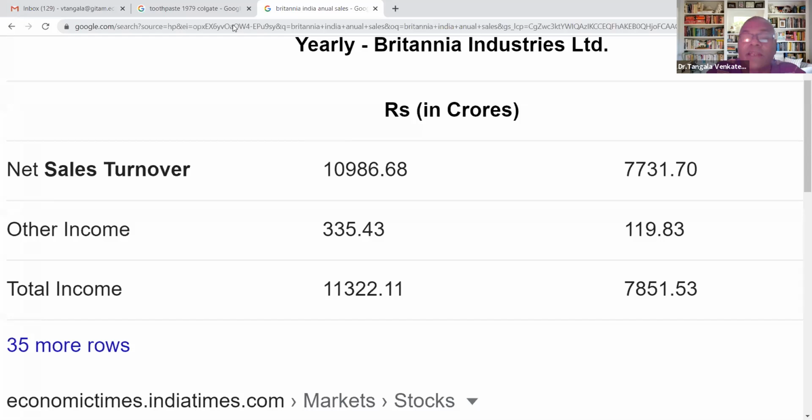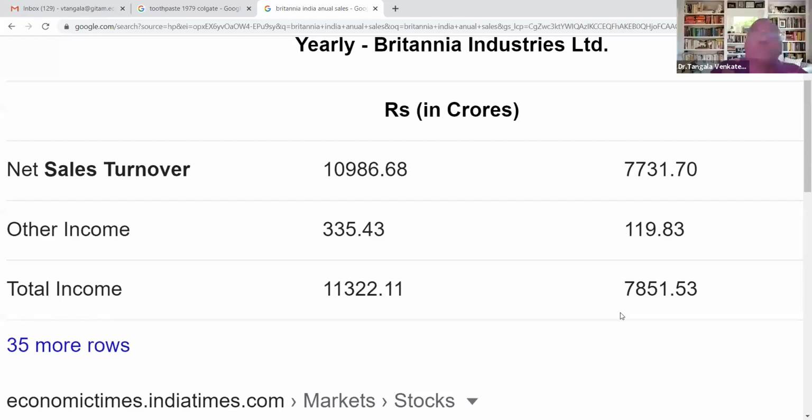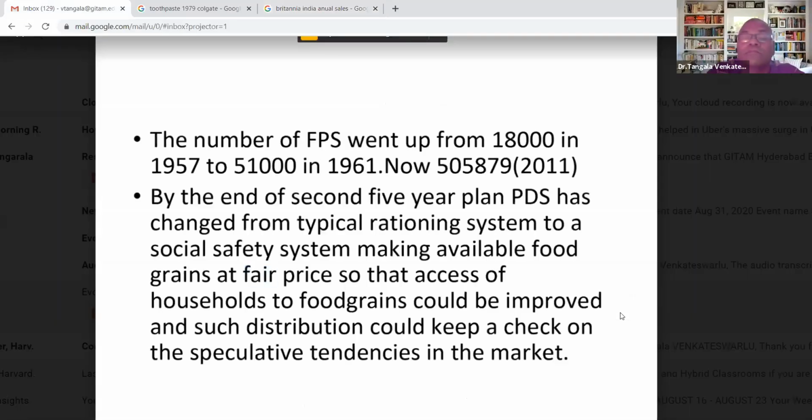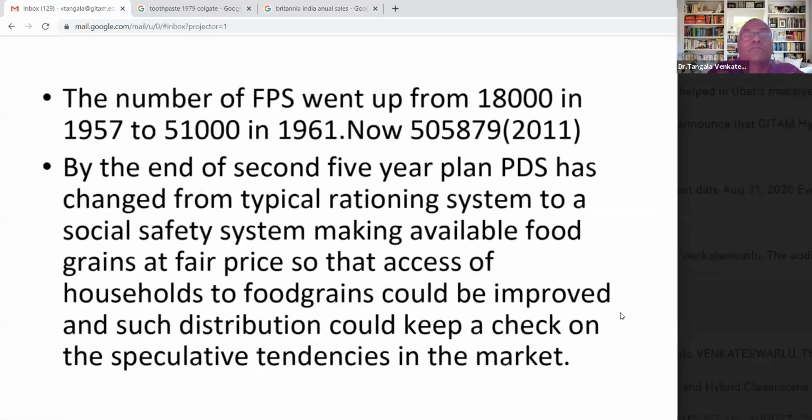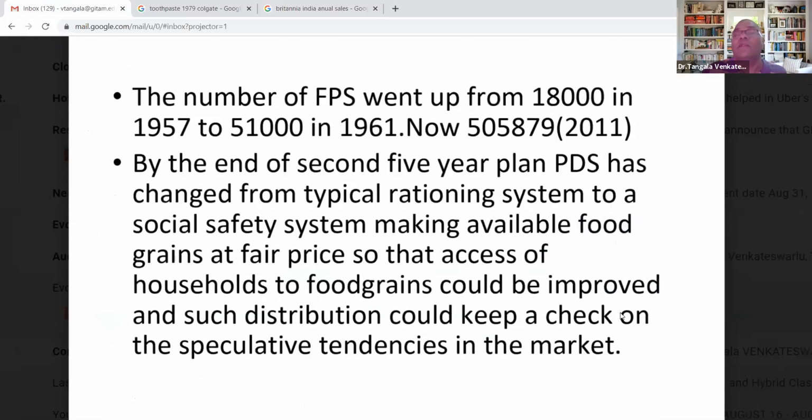So 10,986 crores is the turnover of Britannia. If you can sell your product through PDS, straight away you are reaching 18,000 crores, which is almost 80% more than the existing sale. That's why it is considered the largest network.